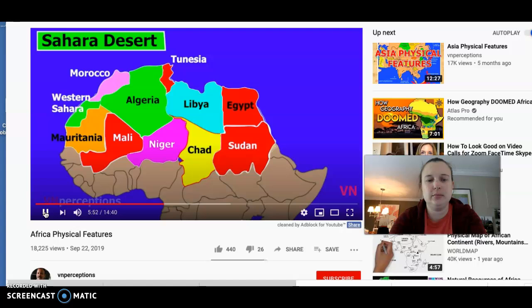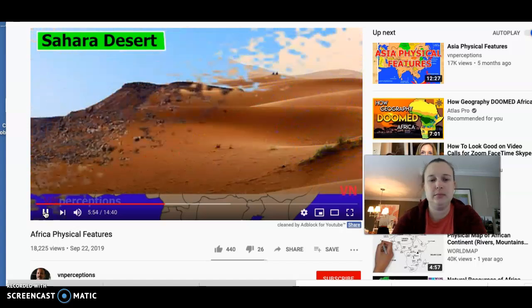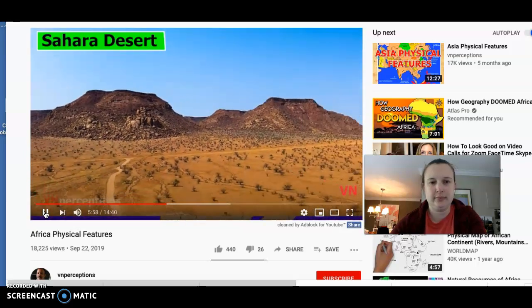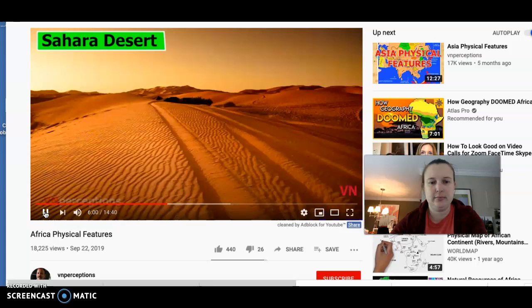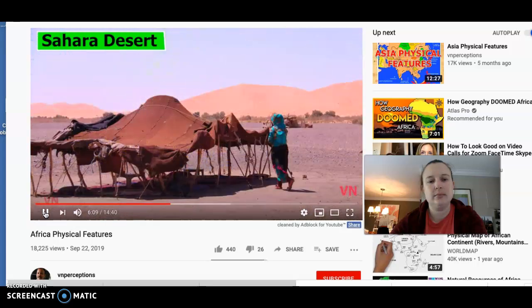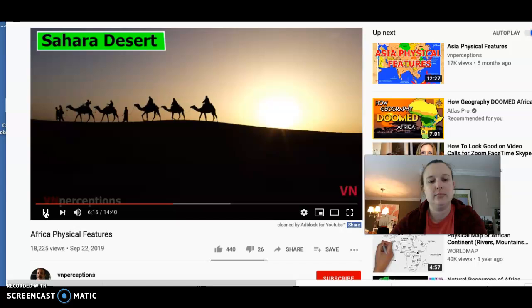The Sahara Desert is covered with sand dunes, rocky hills, and stretches of gravel that continue for miles and miles. Now, very few people live in the desert because it is considered one of the harshest places to live in the world. The people who live here are called nomads. They move from place to place, usually traveling by camel, looking for food and water.